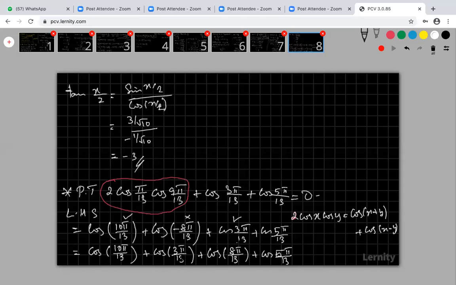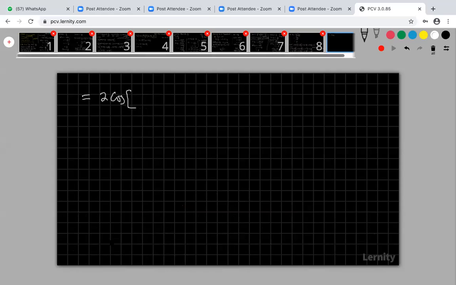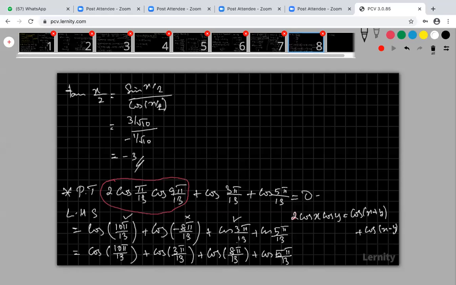What is the cos x plus cos y formula? So that is 2 cos of x plus y by 2. This is x, this is y. So x plus y by 2 means 13 pi by 13 divided by 2, and cos of x minus y by 2.